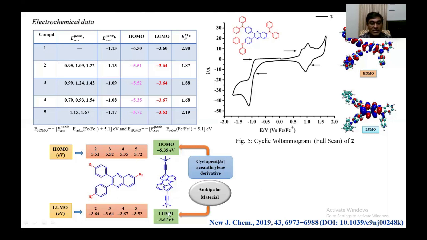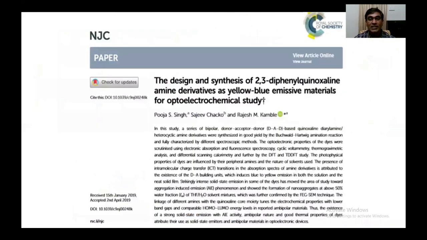So on the basis of these HOMO and LUMO values, comparable with the reported not only standard ambipolar material but other ambipolar materials also, we confirm that these molecules can act as ambipolar materials. And this is what we reported last year in a New Journal of Chemistry paper. You can get more insight and more data in this paper.